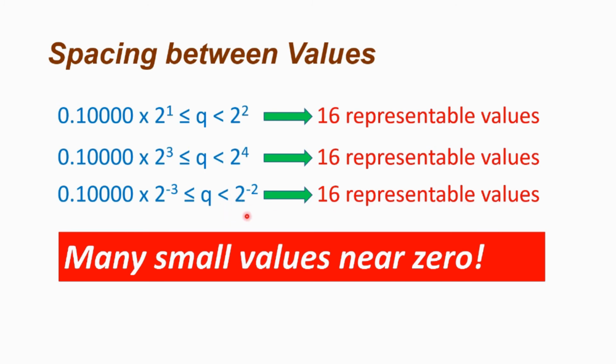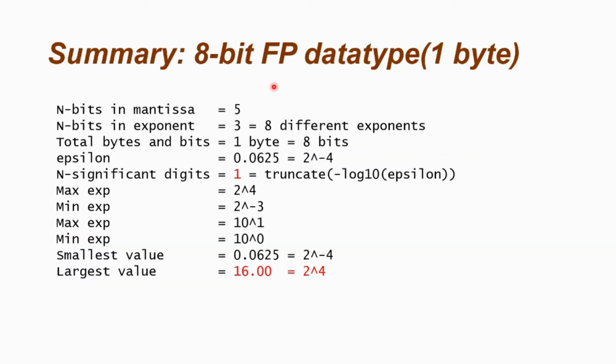So we see that for the smaller exponents which represent values near 0, there are many small values near 0 and very few values away from 0. And having a lot of values near 0 is not very useful, but this happens to be one of the weaknesses of this particular method of representing floating point numbers.